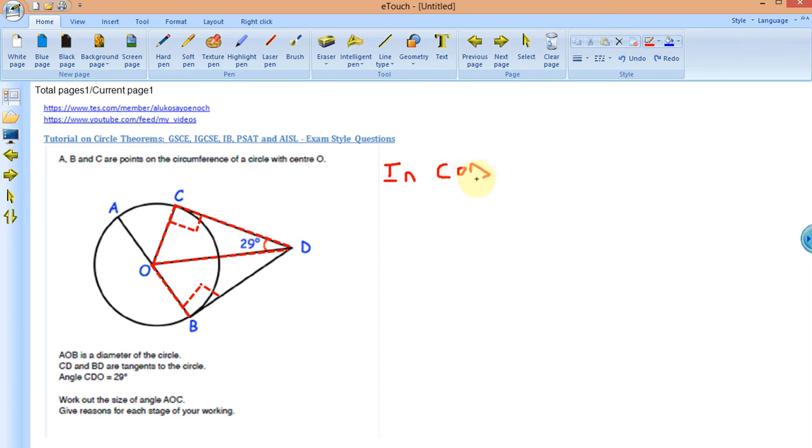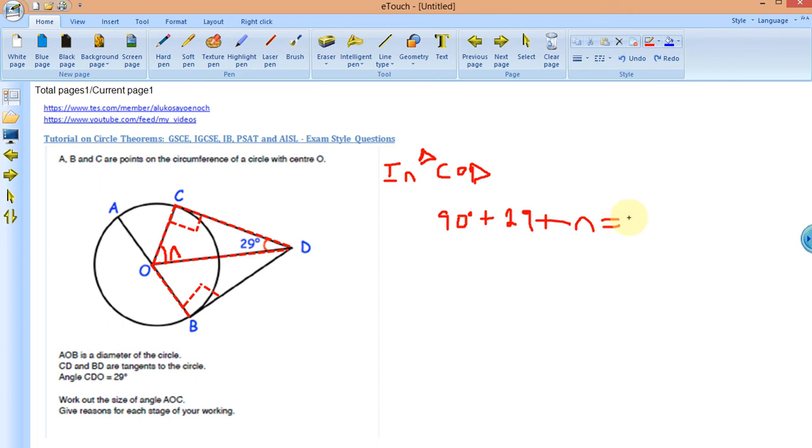So in triangle COD, the angle sum in a triangle is 180 degrees. Let's tag this place N. So in triangle COD, the angle sum should be 180 degrees. So 90 plus 29 plus N should sum up to 180 degrees.